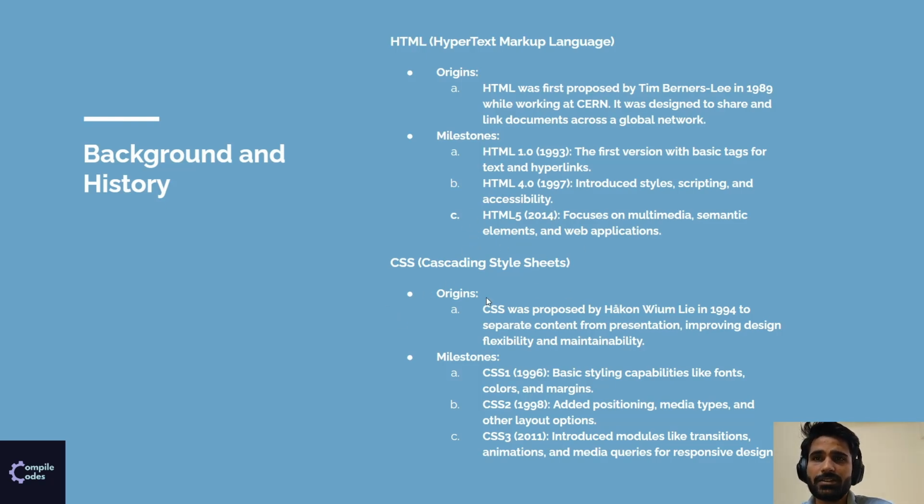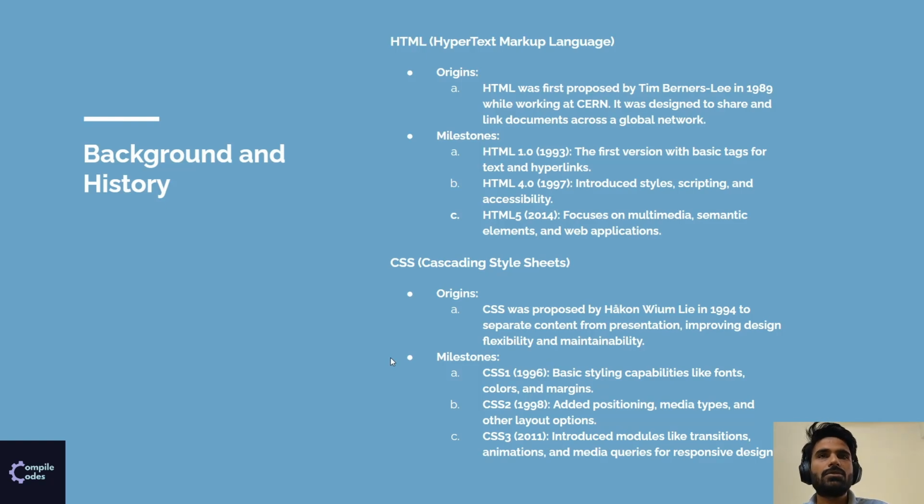In case of CSS, this was proposed back in 1994 by this gentleman, Håkon Wium Lie, to separate content from presentation, improving design flexibility and maintainability. Okay, here are all the versions for CSS. Right now, what we use is CSS3. That was back in 2011. It introduced modules like transitions, animations, and media queries. So this media query we'll discuss. You can use these media queries for responsive design.